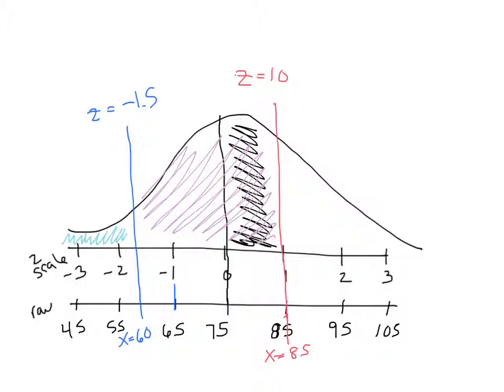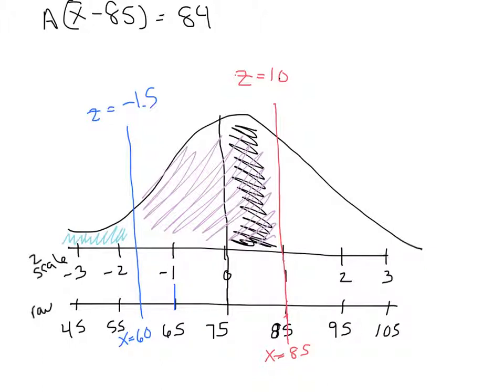So in order to get the black area, we look at a z-distribution. This is the area of the mean, and we get the larger portion for a z-score of 1.0, which is 84%.